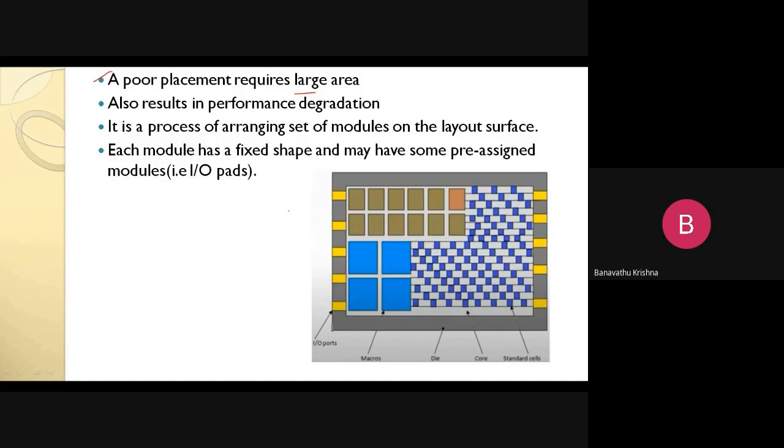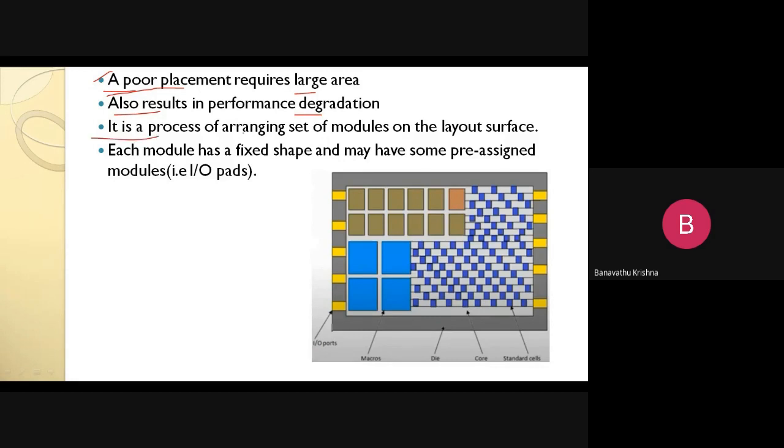Such a floor plan is a poor floor planning, that is, a poor placement. That poor placement requires a large area, and it also degrades performance; the entire system's performance is reduced.